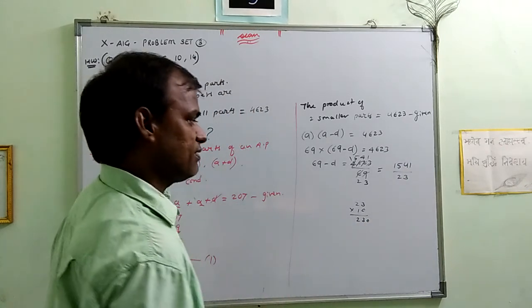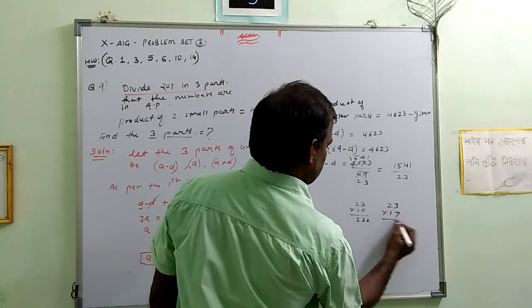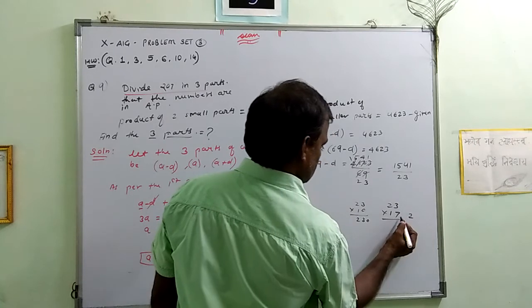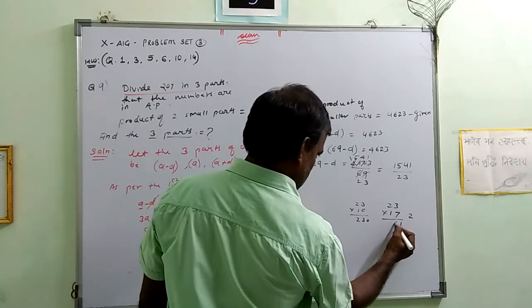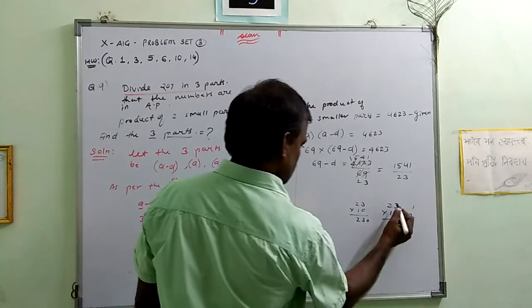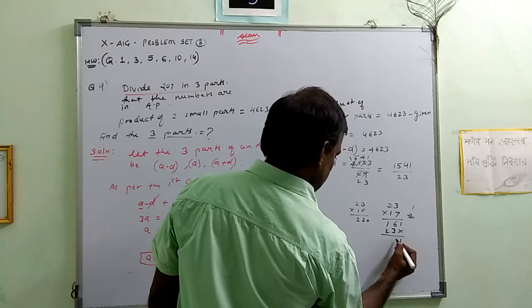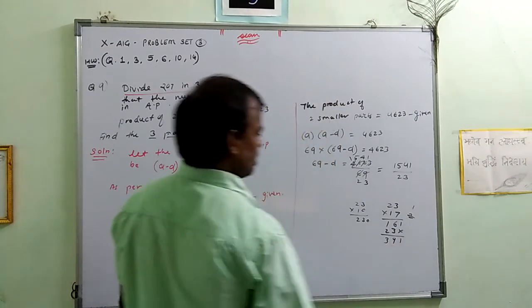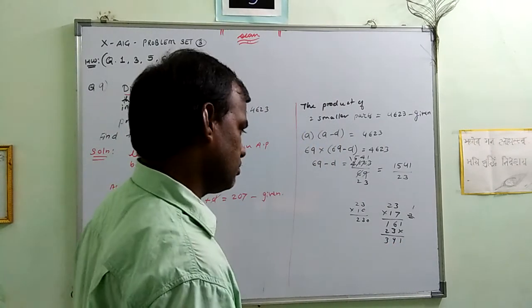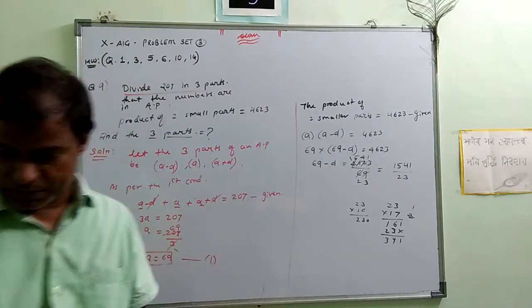So 23 into 17, let's check. It gives 391, but we need more.